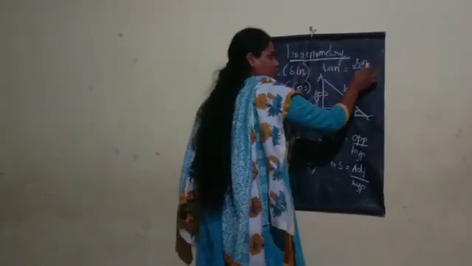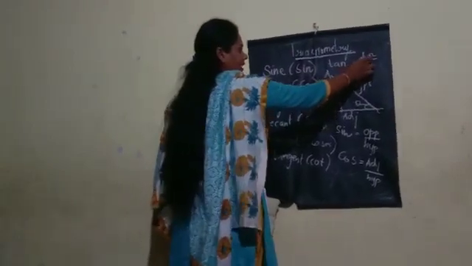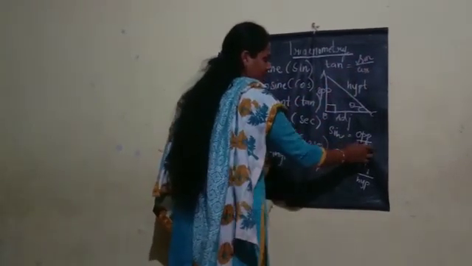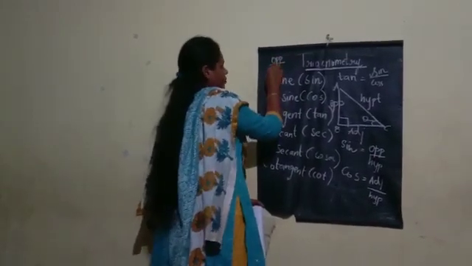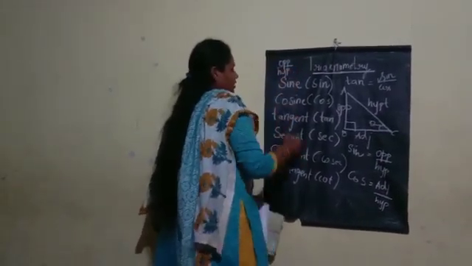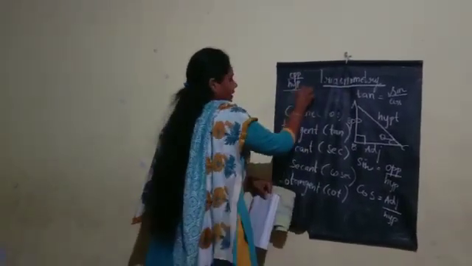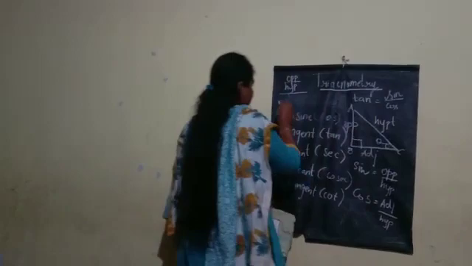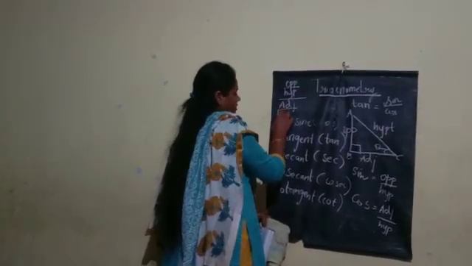Now with these 2 values we can derive the formula for tan. For example, sine by cos. The value for sine we found here is opposite by hypotenuse, divided by cos, which is adjacent by hypotenuse.